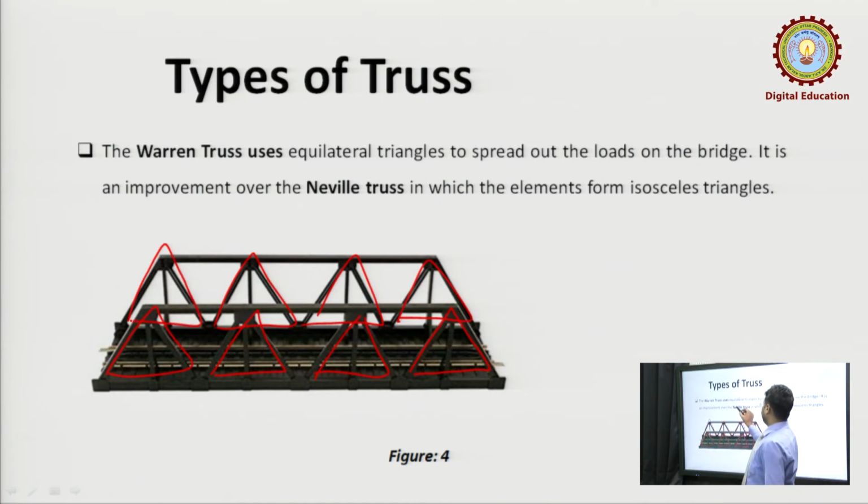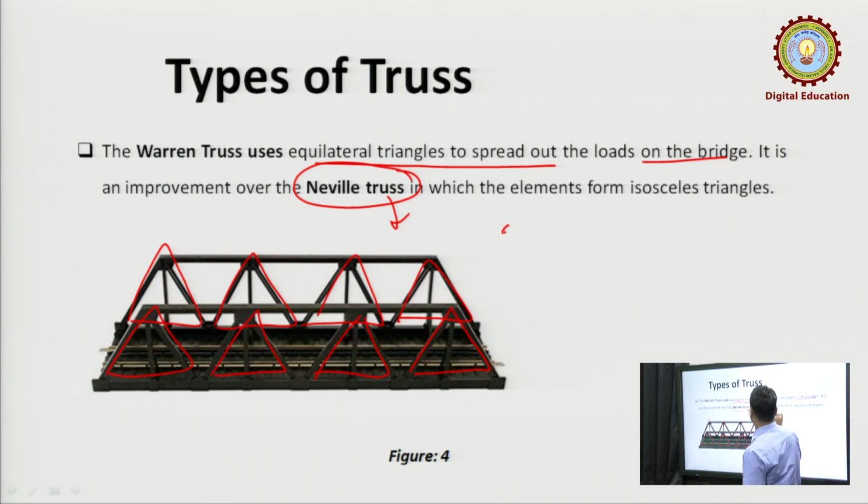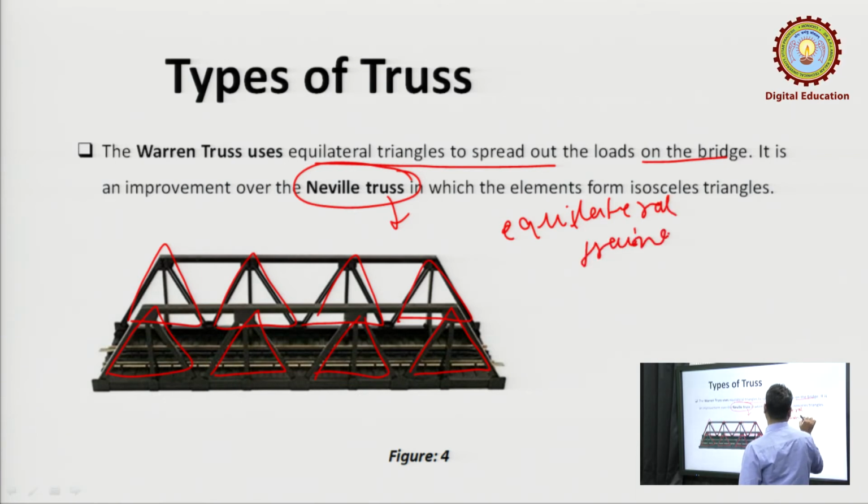You can see that equilateral triangles are made by the truss, to spread out the loads on the bridge. It is an improvement over the Neville truss. Neville truss is nothing else; it is also made with equilateral triangles.